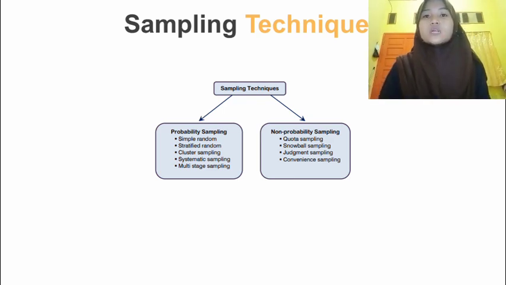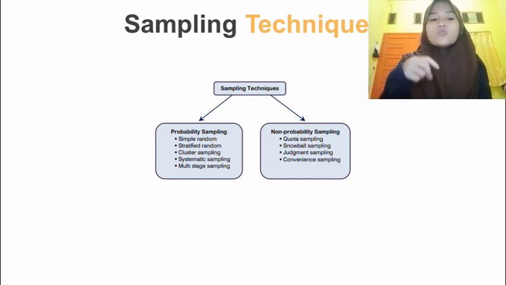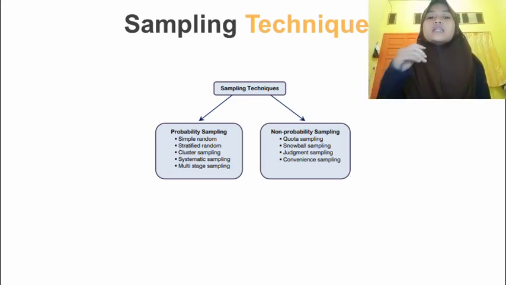And also the fourth one, systematic sampling, means that we systematically list the population and then choose randomly. And the last one is multi-stage sampling, or in other words, we move from broad to narrow samples and then choose the samples.